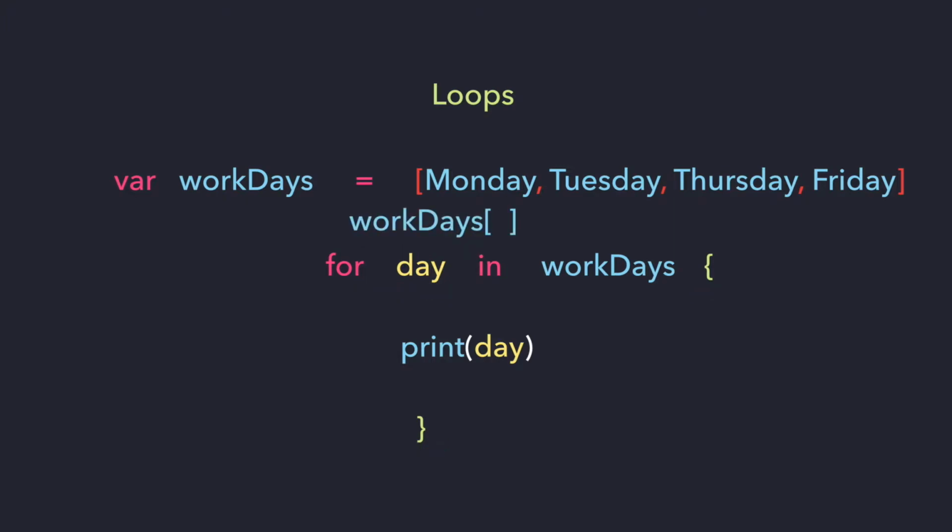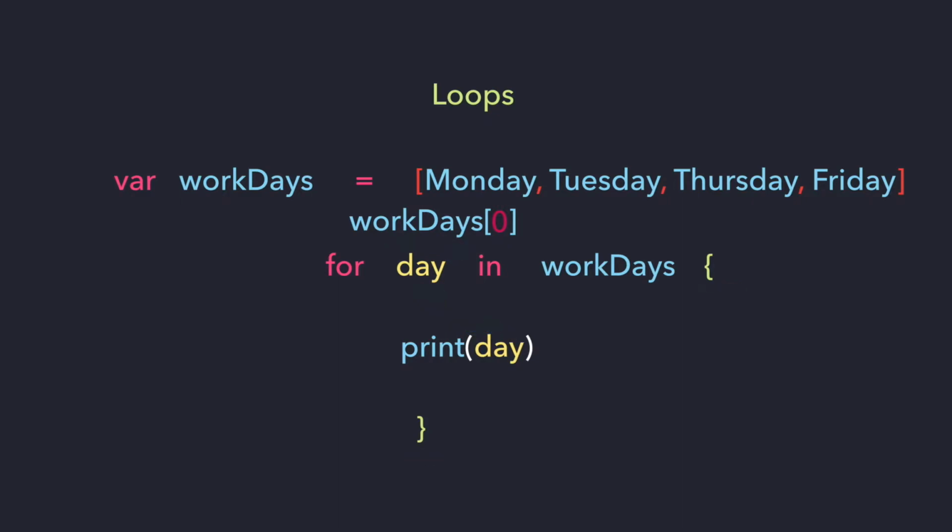So essentially what's happening here, it's going to start at the index of 0, and then it's going to print out that day. It's going to store whatever this index is in the property, the constant day, and then it's going to print that out, because that's what we're doing inside of the brackets here.